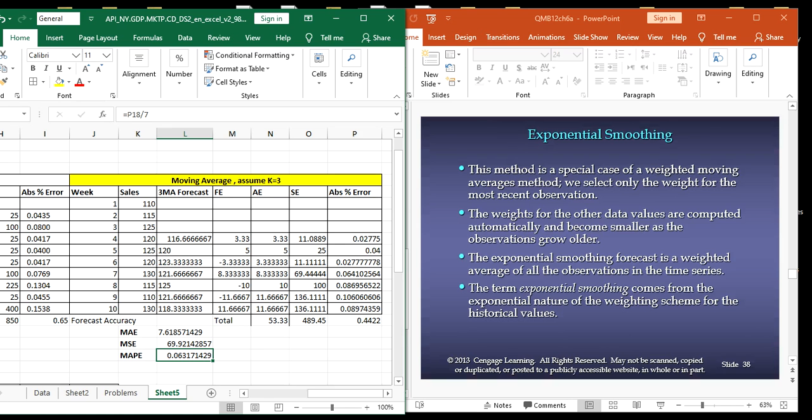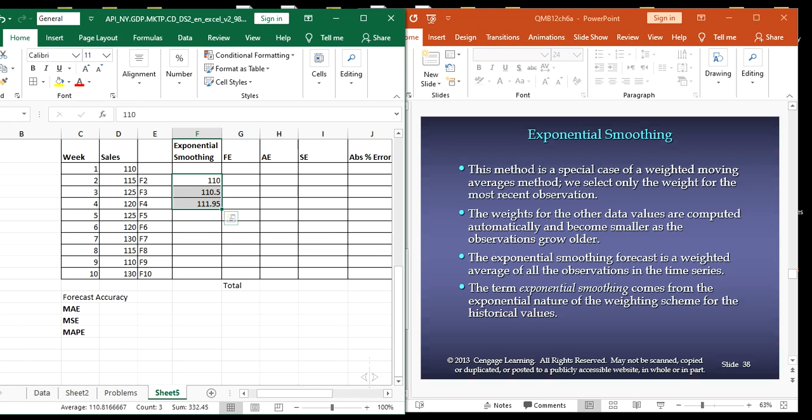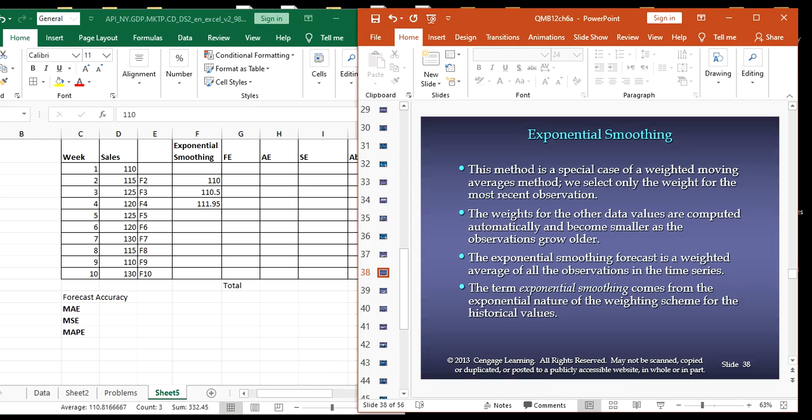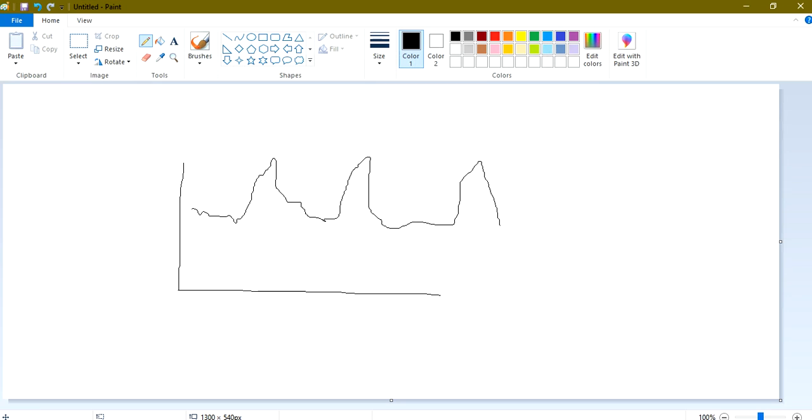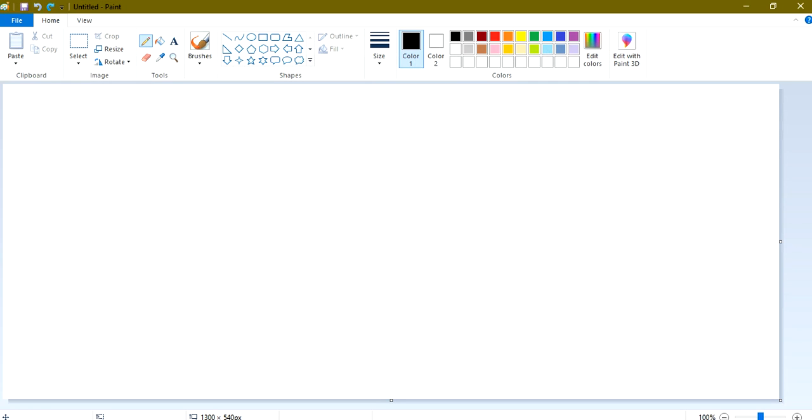Now we move to the exponential smoothing method of forecast. Before I get into the mathematical adjustments for it, I can show you how this works.